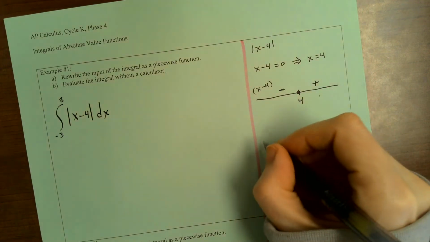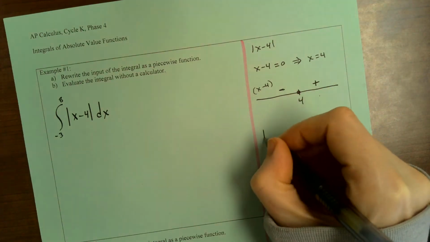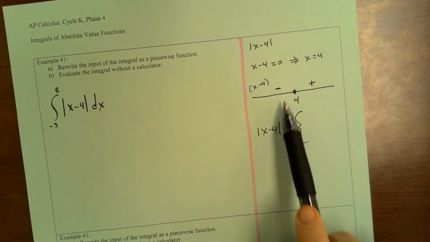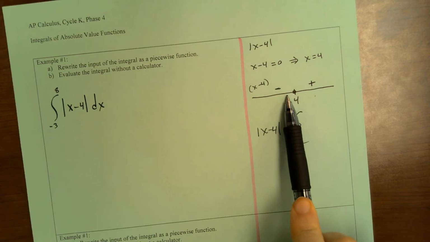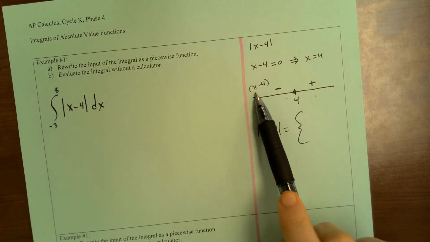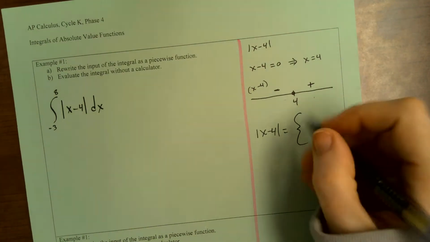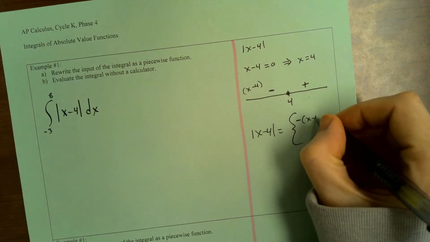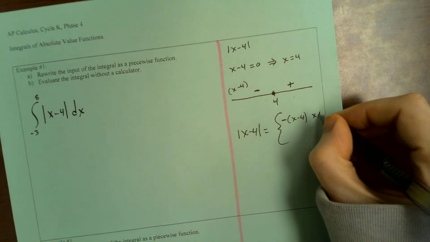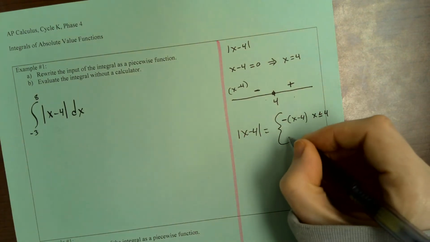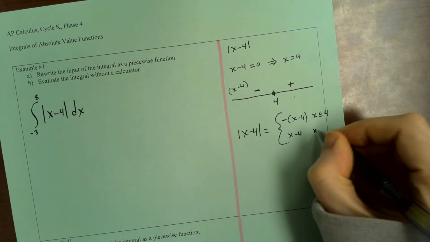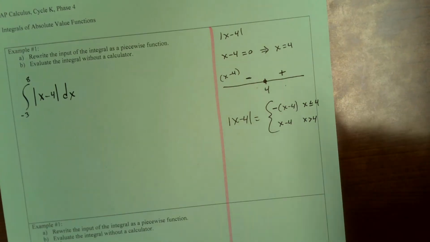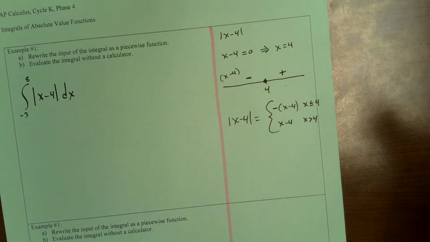To write this as a piecewise function, on the negative interval you need to negate the input of the absolute value, because that's going to flip it over the x-axis. So negative x minus 4 for x less than or equal to 4, and then just regular x minus 4 for x greater than 4. Negating this on the interval where it's negative makes it positive.